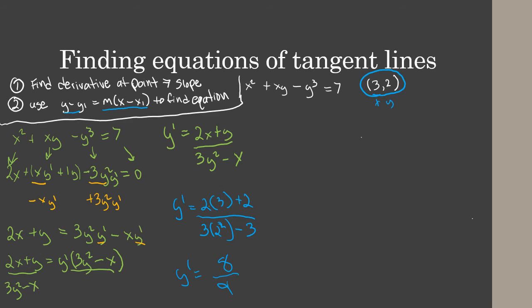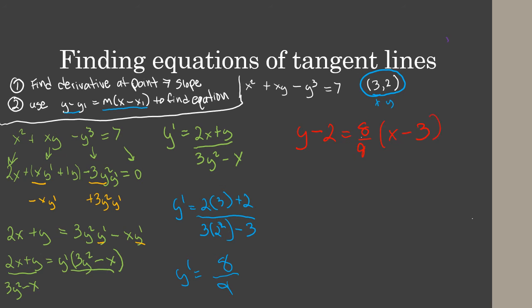So we're almost done with finding the equation of this line. And what we do is we take, let's use red. We get y minus our y1, which is 2, equals 8 over 9, because that's our m, times x minus 3.